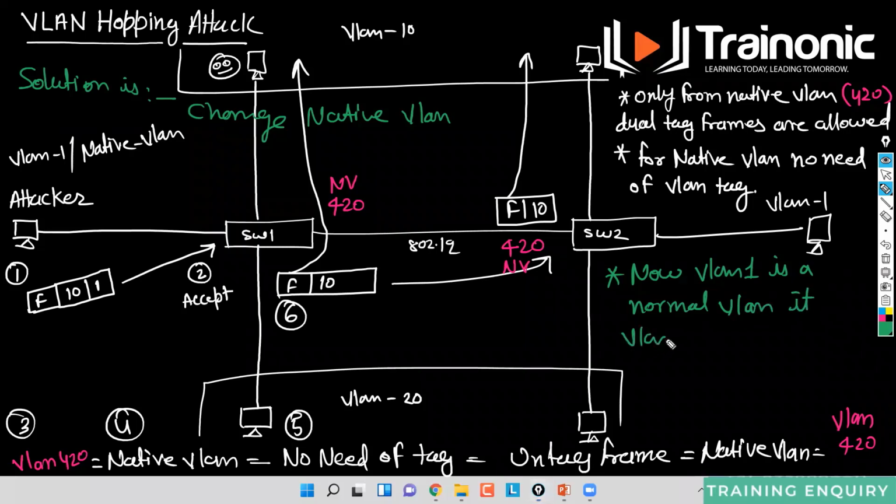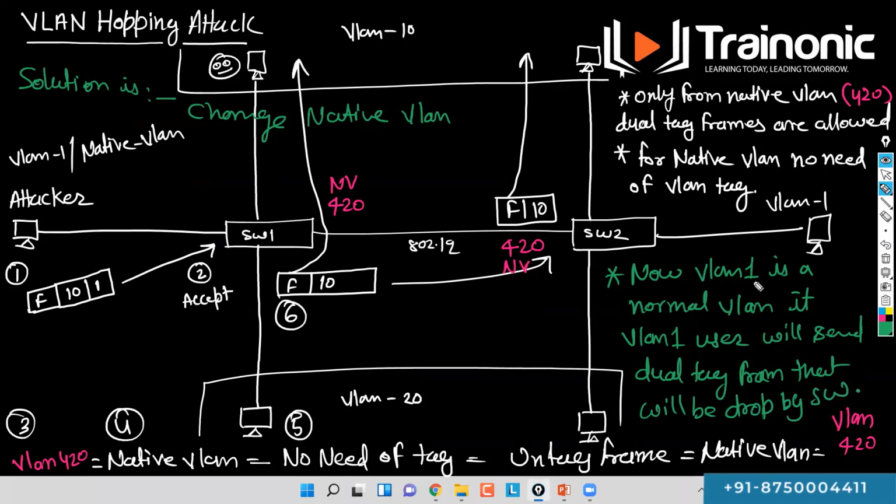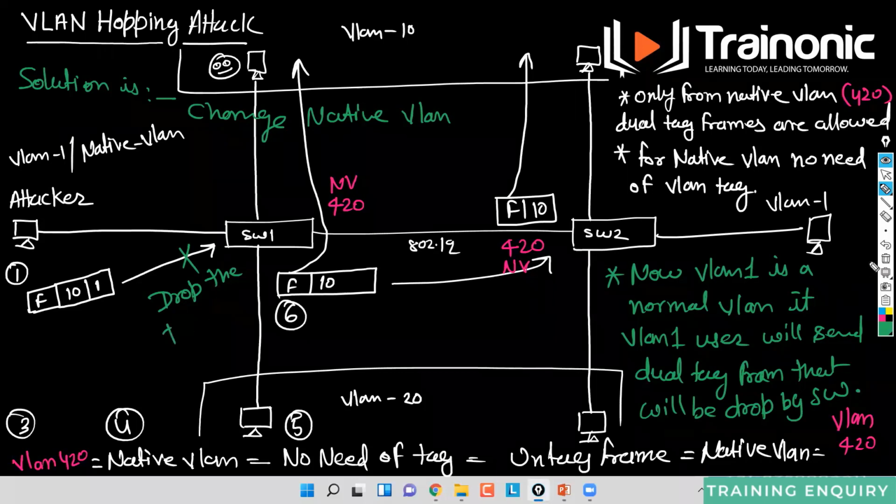If a VLAN 1 user sends a dual tag frame, that will be dropped by the switch. The switch drops the frame because only from the native VLAN are dual tag frames allowed.